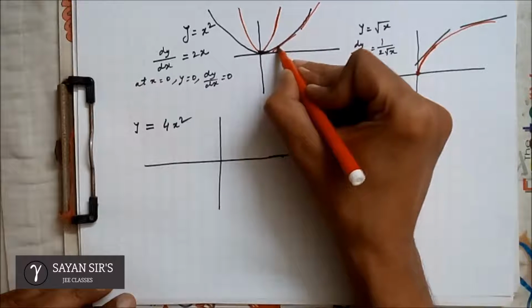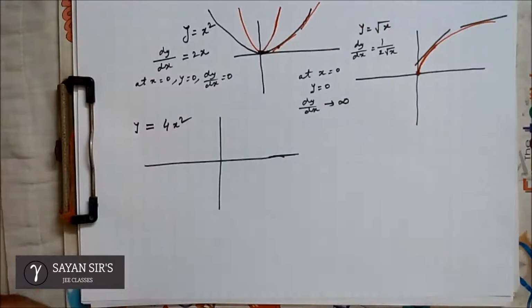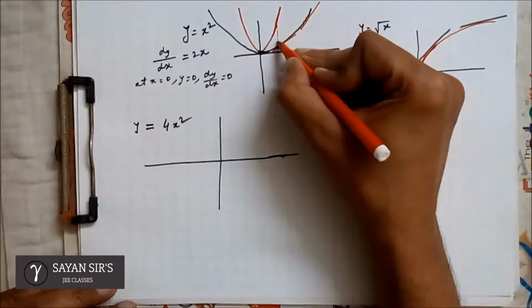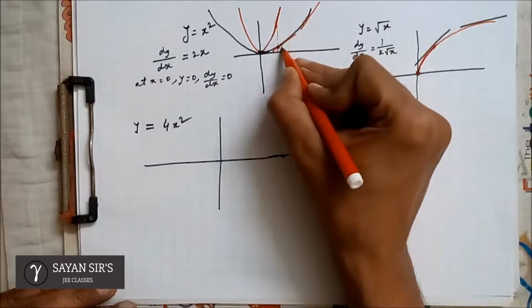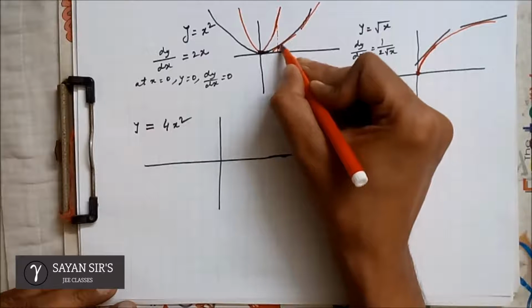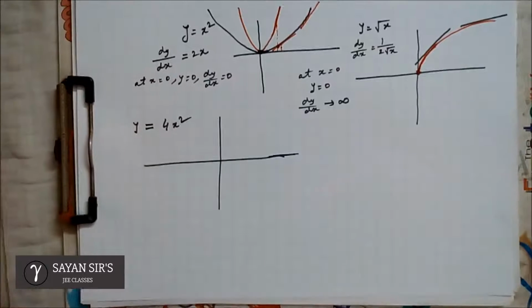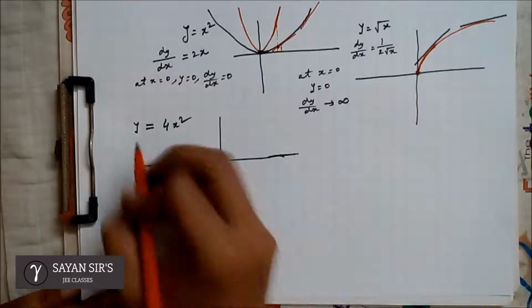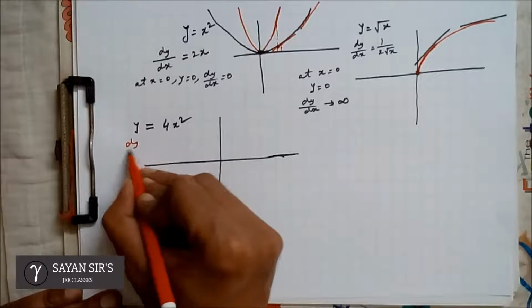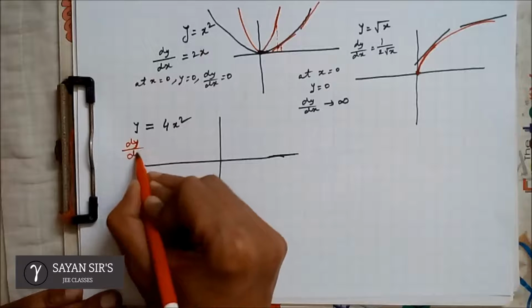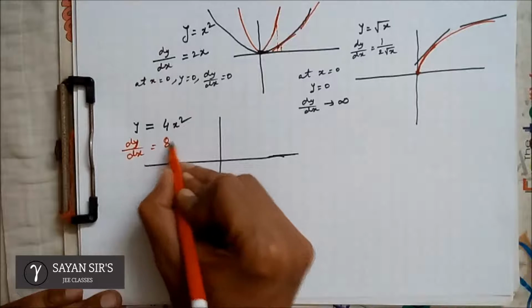So for this x, if I had this much y before, I will now have 4 times as much y. Also, here my dy by dx is 8x.